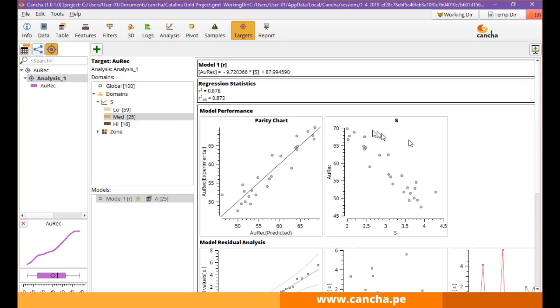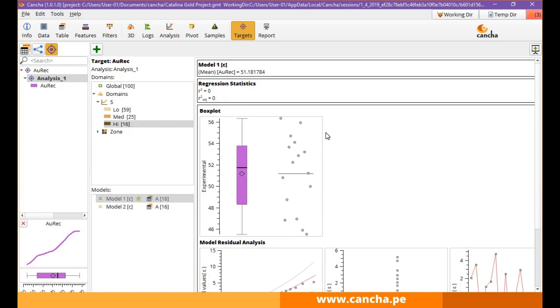Here we can see very clearly that it's 88 minus 9.7 times the sulfur grade. So again, this is a pretty good relationship here, and this is a pretty good model. It doesn't seem to be a marked improvement over just the global model by itself.